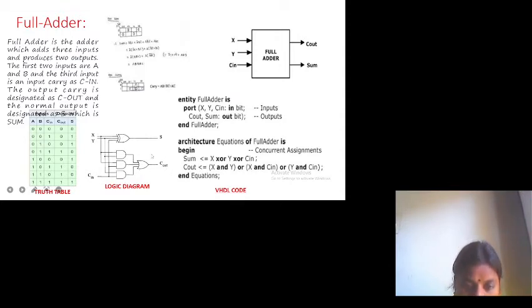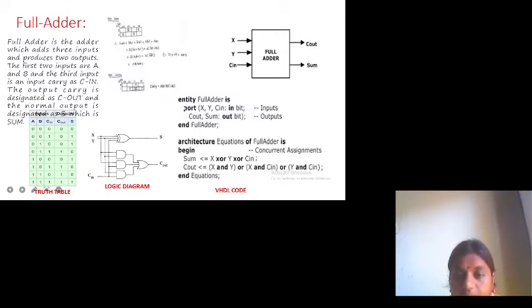Now this logic diagram will be represented as an entity. I am writing the entity full adder; we have to give a relevant name for the design. The syntax is entity, name, is. So entity full adder is.